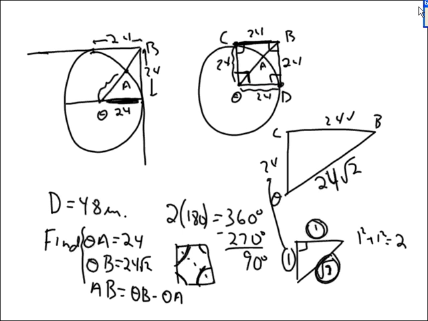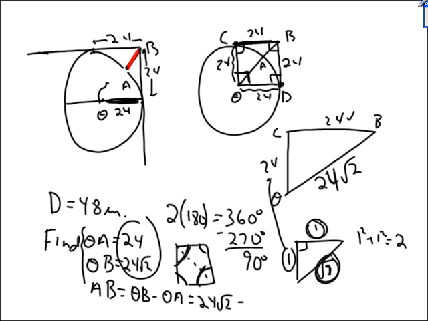Right here, I have OB. And I know how long it is. It's 24 square root of 2. And if I literally take away OA, which is 24, I'm left with AB. I am left with AB, which is what I want. Okay, so OB is 24 square root of 2 minus OA.